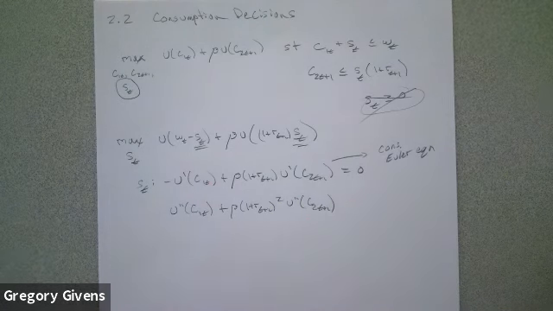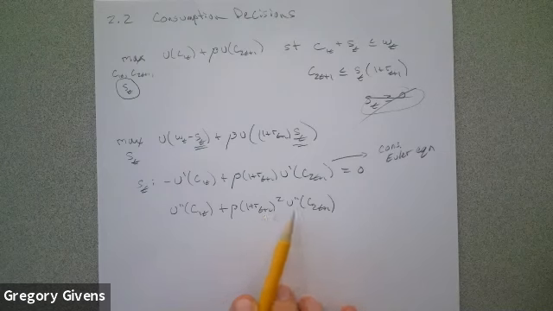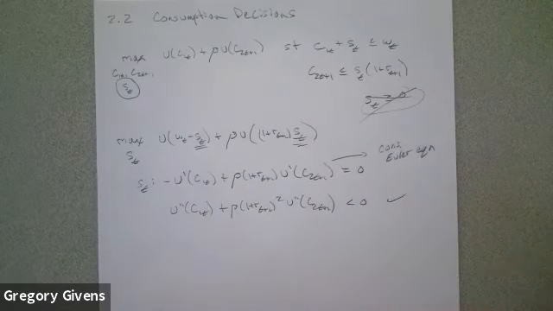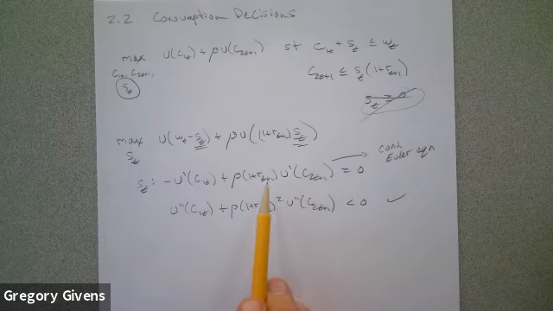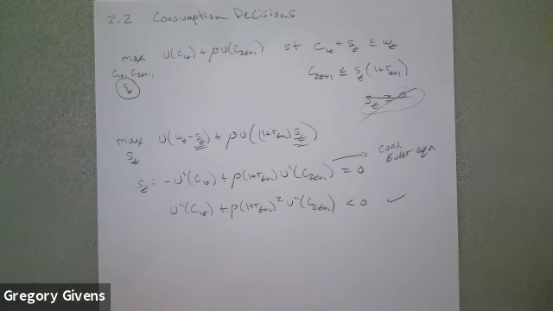What's the sign then of the second order condition? What's the sign of U double prime? Negative, plus beta times (1 plus r) squared, that's a positive, but U double prime is negative, so it's a negative plus a negative, so the whole thing is less than 0. So the savings level that satisfies the first order condition is the one that maximizes lifetime utility, not minimizes it.